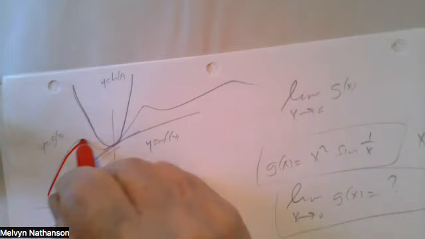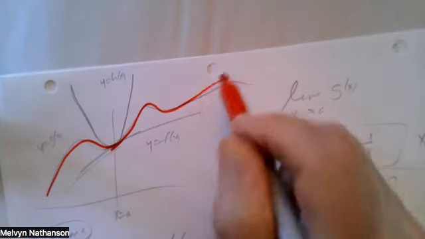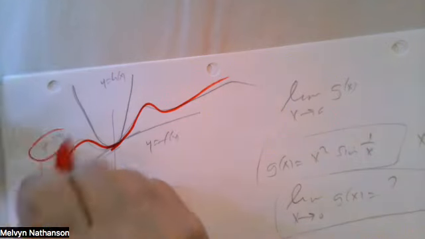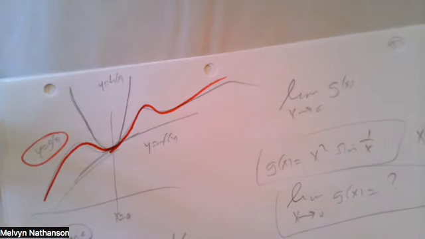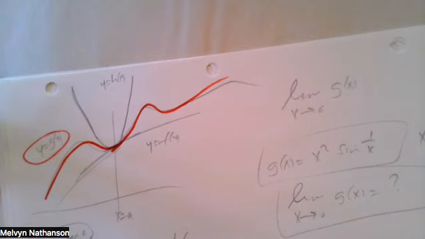So g of x, see, where's my function g of x? That's the g of x. G of x is squeezed between f of x and h of x.